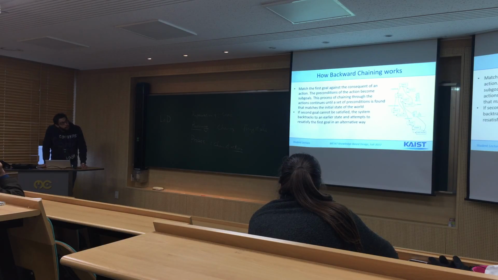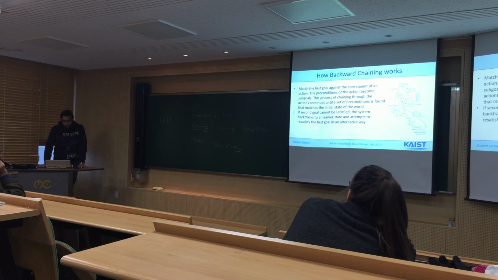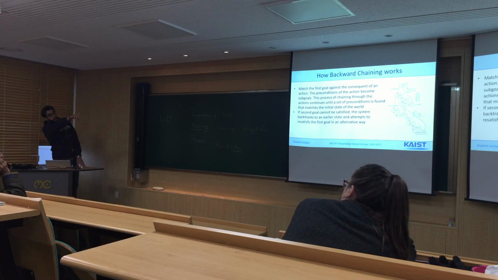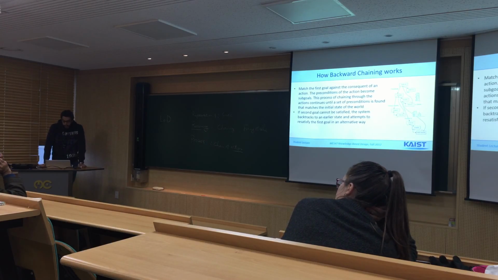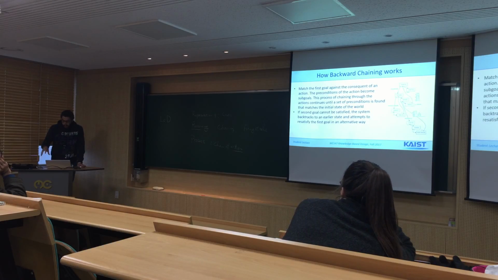So here we can see, to conclude in more detail, the backward chaining in the figure. You start from the top. You see the top chart over there. This is the goal. And in order to understand how to reach it, you go back and you analyze an action which can lead to the goal.